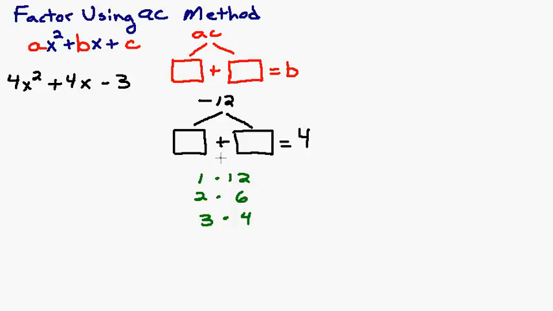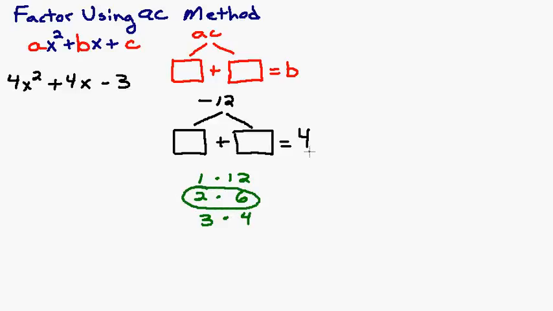So when we add them together, essentially we'll be subtracting them because one's going to be a negative. If I have a 1 and a 12, no matter which one I make negative, I'm certainly not going to get a 4. Same thing with the 3 and the 4. If I make the 3 negative and add them, I would get a positive 1. If I make the 4 negative, I would get a negative 1. So 2 and 6 have a difference of 4. That's going to work for us.